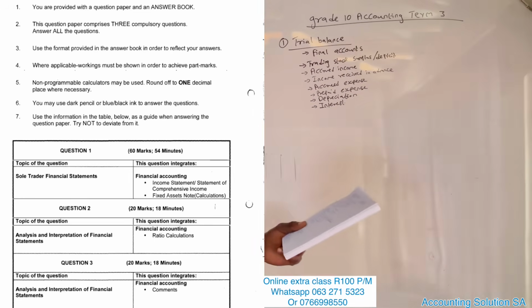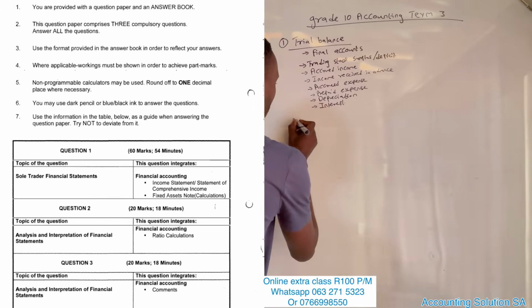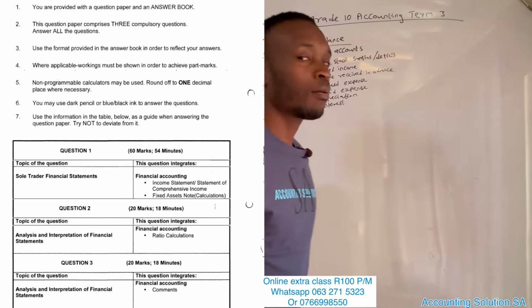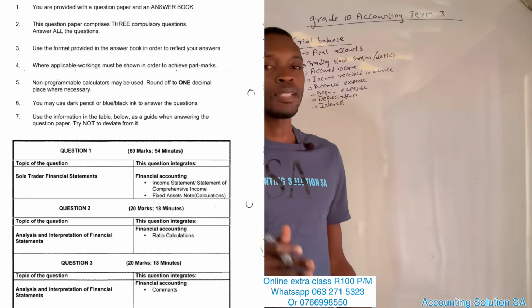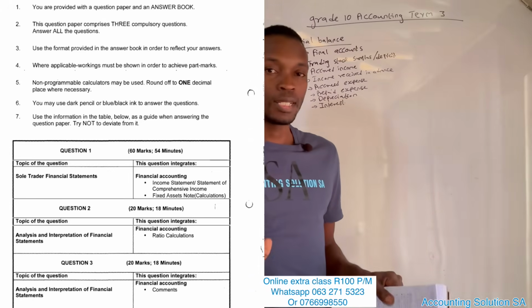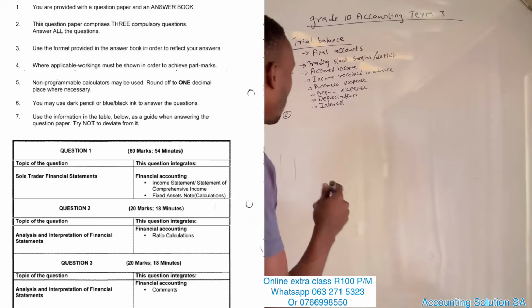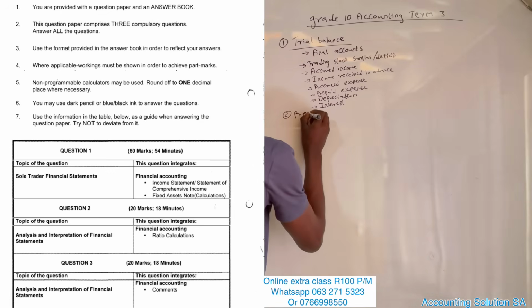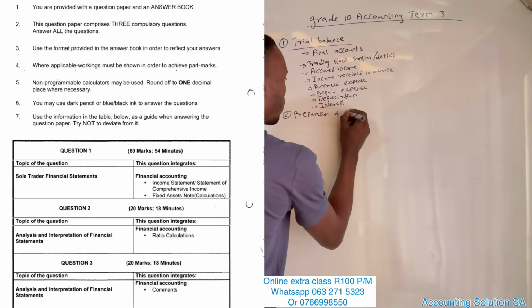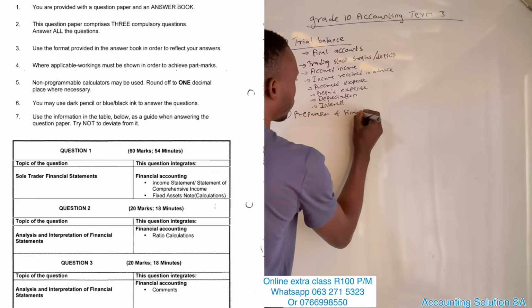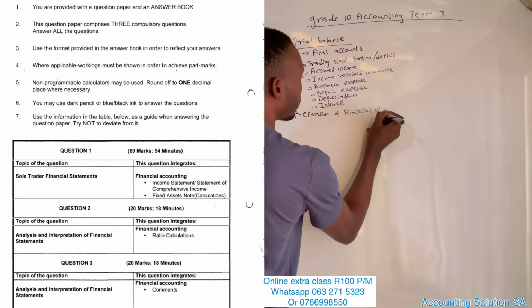Okay, the next chapter, guys, which is a very long chapter, and when you're about to choose accounting, everyone tells you about a balance sheet that has to balance. This is the chapter that we are going to deal with: preparation of financial statements.